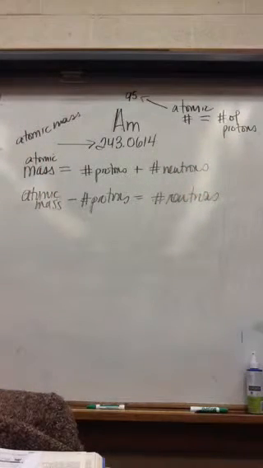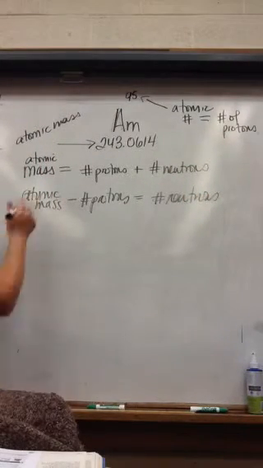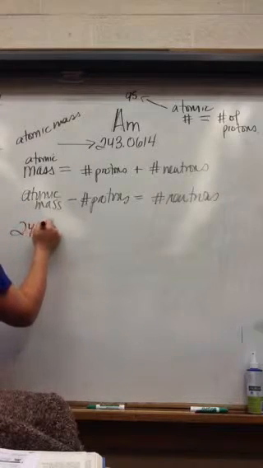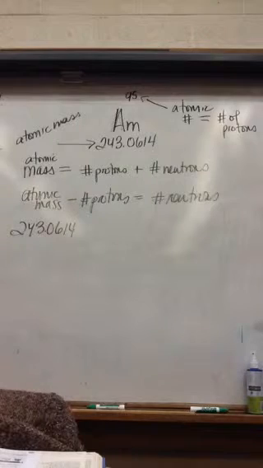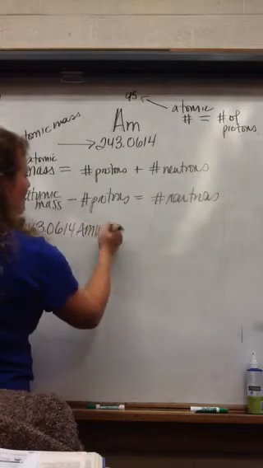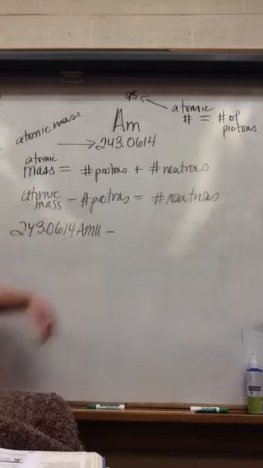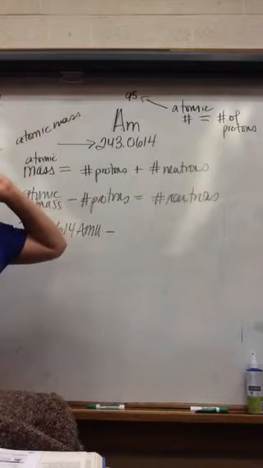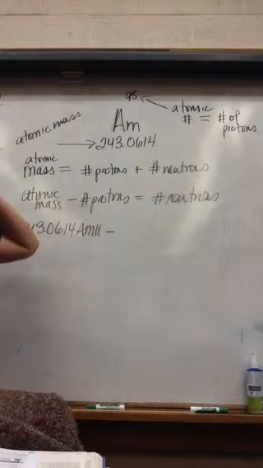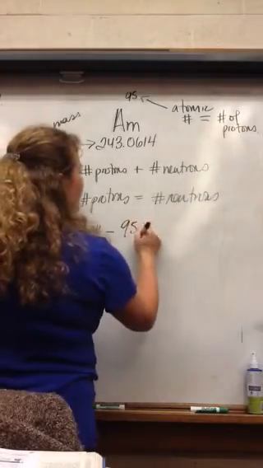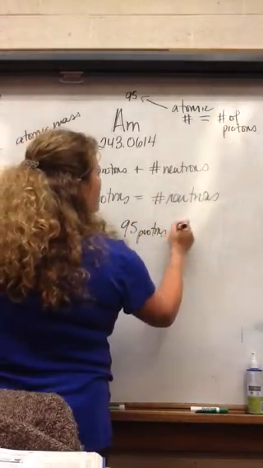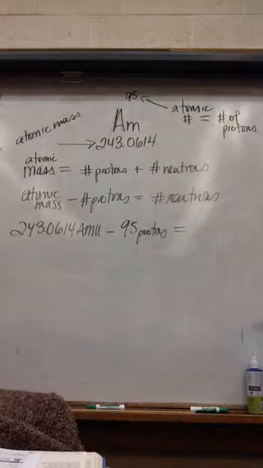So now we can just plug numbers in, right? Atomic mass is 243.0614. What are the units for atomic mass? Atomic mass units. AMUs minus the number of protons, which we get from where? The atomic number. So we have 95 protons.